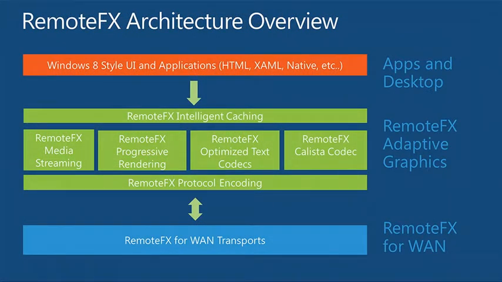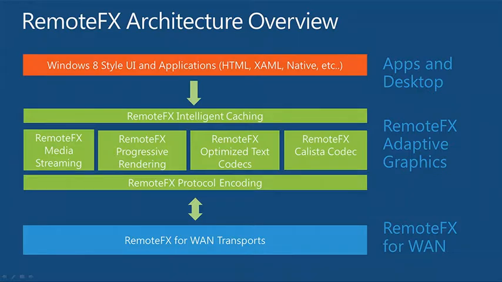So let's take a little bit of a look at how this could be illustrated. Typically on the remote desktop, you can have different types of applications running. So it could be a Windows 8 style UI application, Silverlight, HTML5, or another application. Now this represents a number of application types that could be delivered remotely to users.